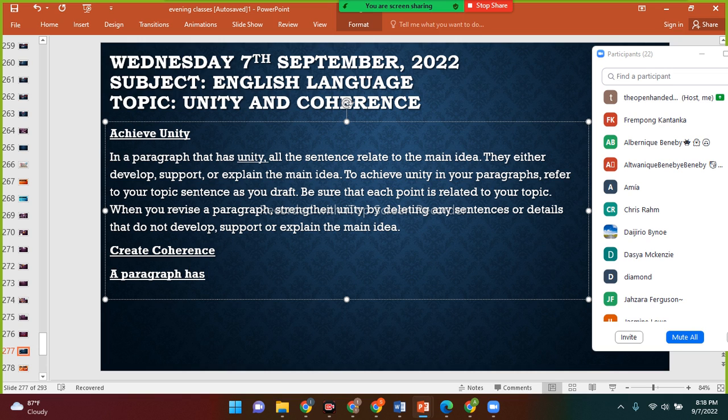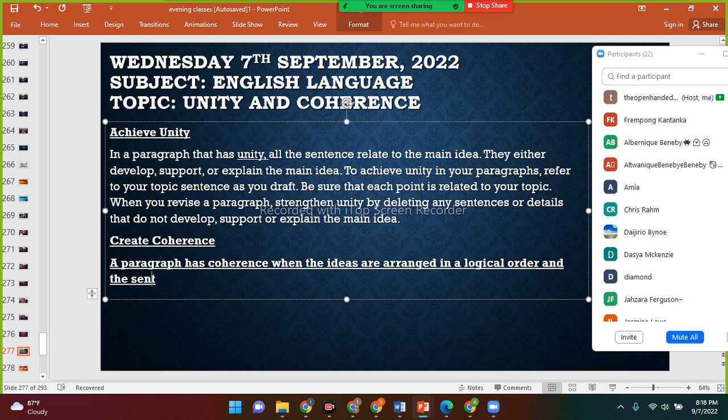Well, a paragraph has coherence when the ideas are arranged in a logical order and the sentences are connected so that it is clear to the reader how ideas are developed.